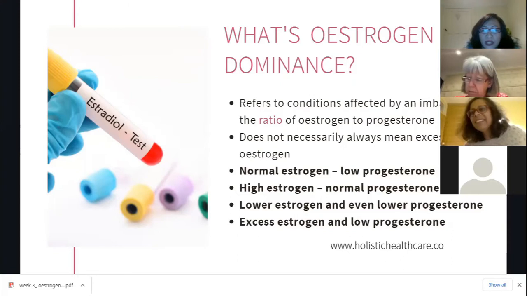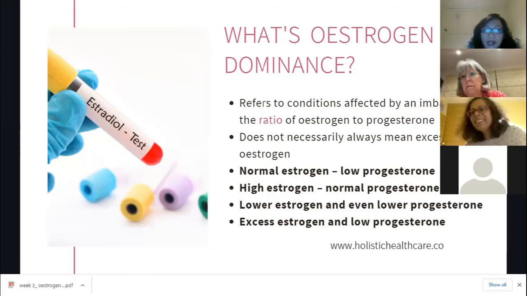So for example, you could have high estrogen and normal progesterone, and that could mean you have estrogen dominance. Or you can have lower estrogen and even lower progesterone. Say you do hormone testing and it comes out that you're low on estrogen, but you're also very low on progesterone, so that means you're still estrogen dominant.